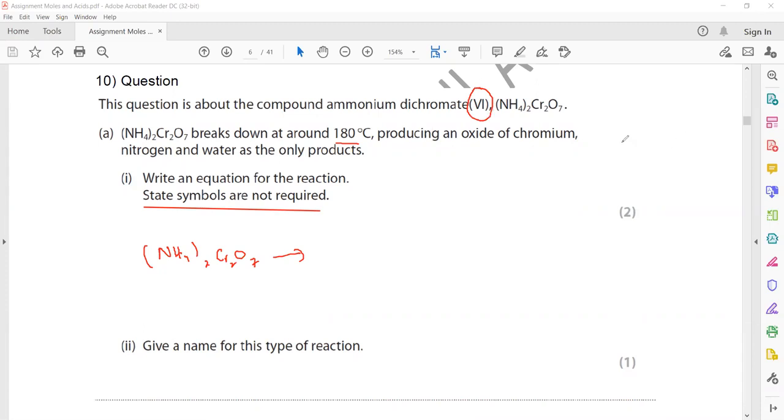So if oxide of chromium is there, chromium is plus 6 and oxygen is minus 2. So when we simplify this, it will be CrO3, as a normal chromium 6 oxide. But if the oxidation number changes, then the formula will also change for this chromium oxide. So we will have to write the balanced equation for this.